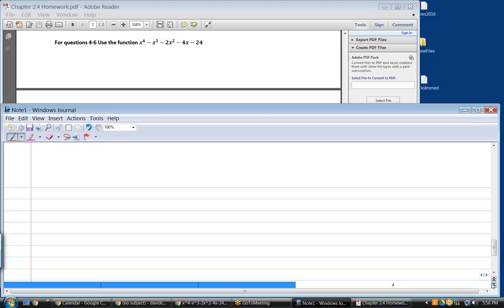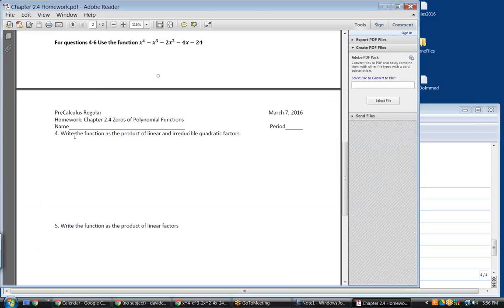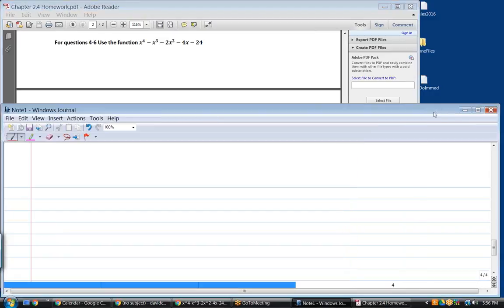Therefore, what are 2 of my linear factors for this polynomial? It wants me to write it as a product of linear and irreducible quadratics. What are the 2 linear factors? Remember, I know that x equals 3 is a 0 and x equals -2 is a 0 from the Wolfram Alpha.